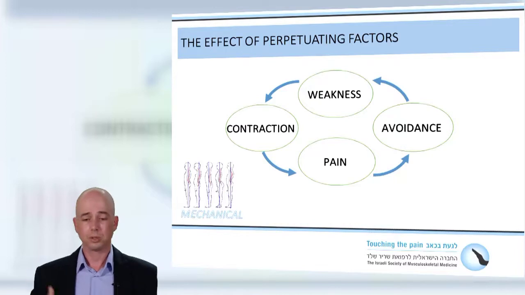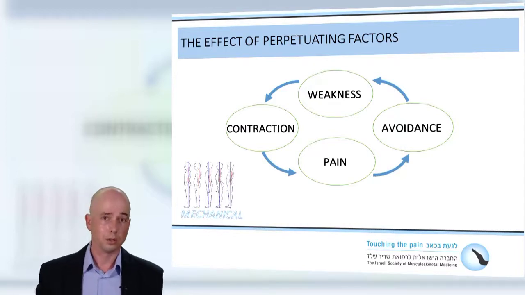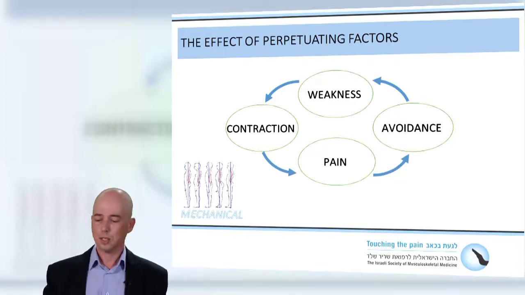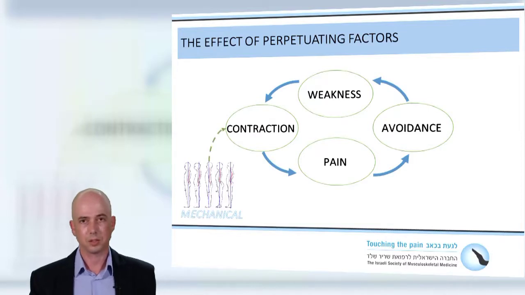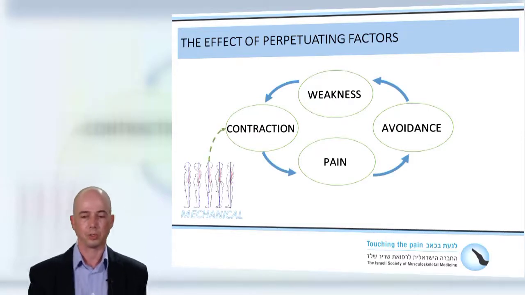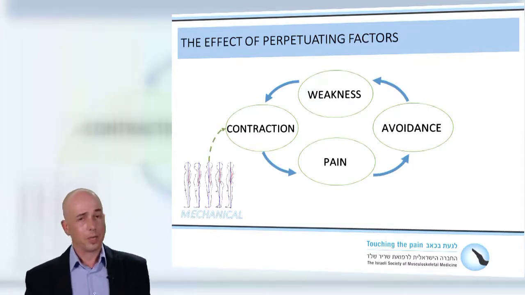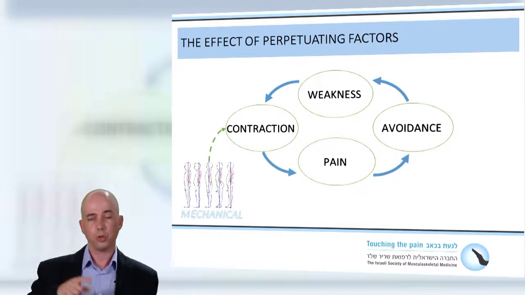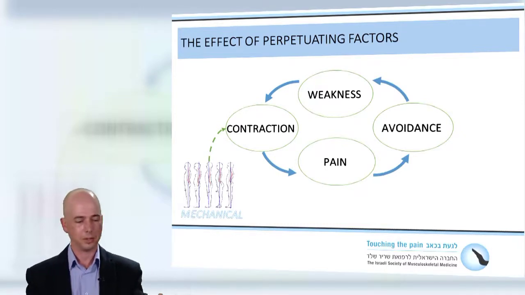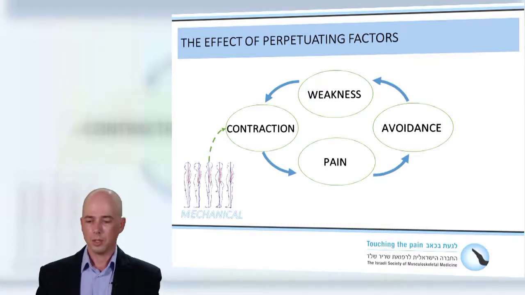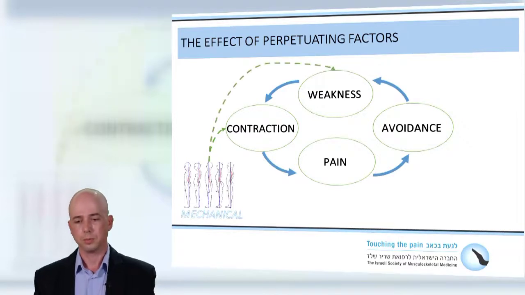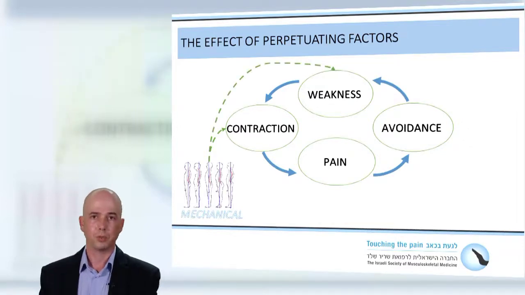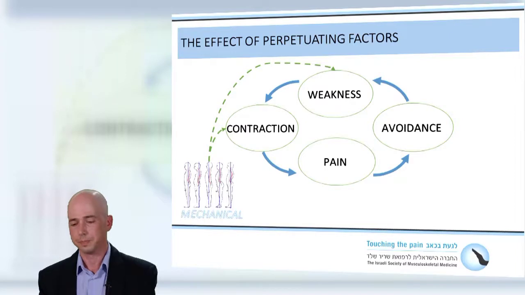This may cause prolonged loading of the cervical muscles, which cause them to contract for prolonged periods of time. Other mechanical factors, say like spinal surgery that causes fusion of several lumbar vertebrae, may cause weakness by causing atrophy of the paraspinal muscles.